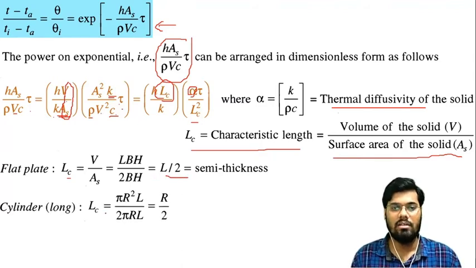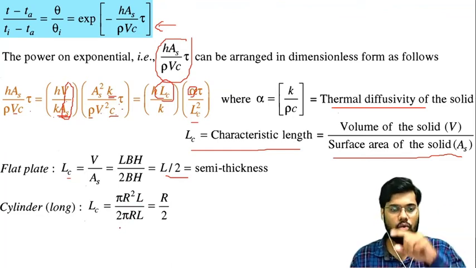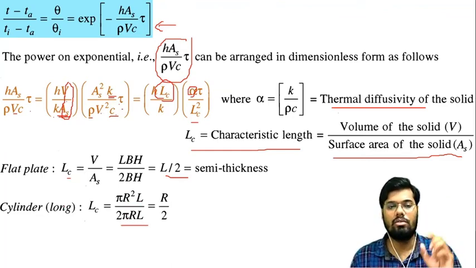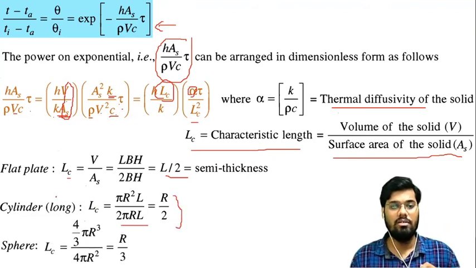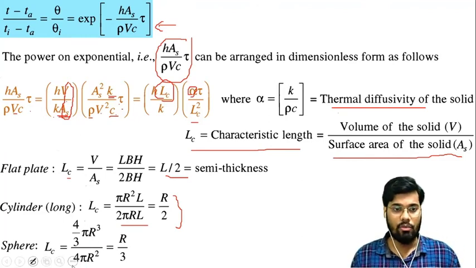For a cylinder, suppose the height of the cylinder is L, then the volume would be pi r square L, and the surface area would be 2 pi r into L. So for a cylinder, the characteristic length would be r by 2. For a sphere, the volume would be 4 by 3 pi r cube if the radius is capital R, and the surface area would be 4 pi r square.